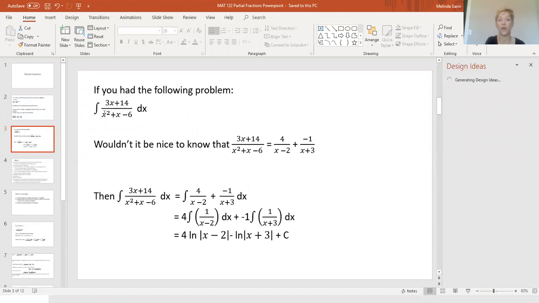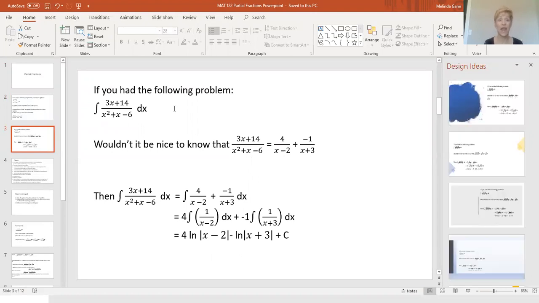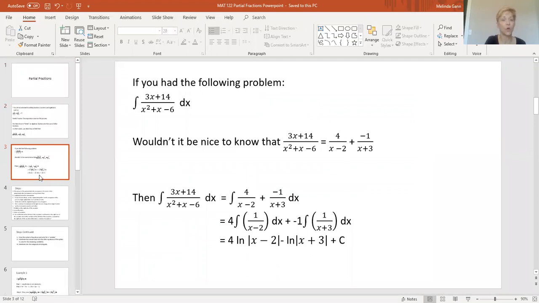Suppose this was the integration that you had. This one is a fraction, so the first thing I would try to think of is, maybe it's natural log. Well, look at this denominator. The derivative of that is 2x plus 1, and I've got 3x plus 14.